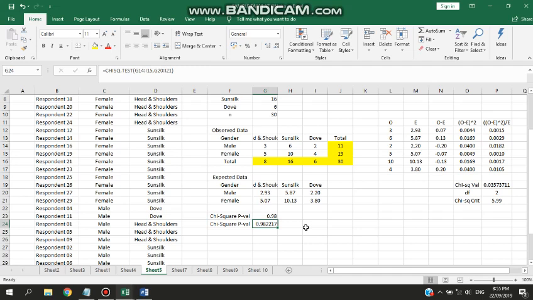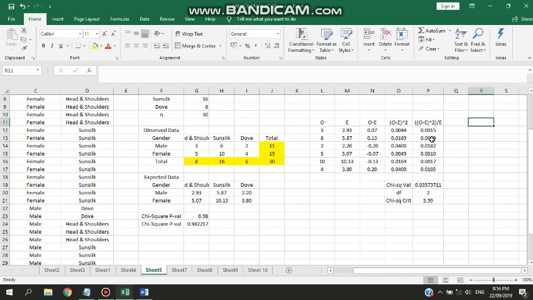It means there is no difference between males and females in choosing the brand of shampoo, or there is no significant relationship between the two categorical variables. So, for this one, you have to arrange all observed data here. O for observed data, E for expected. And if you want to find the chi-square value, you have to do it manually.